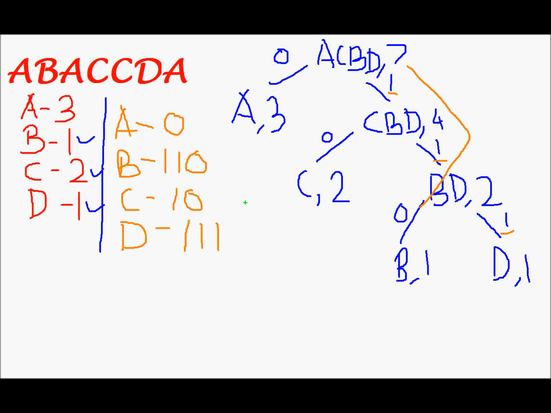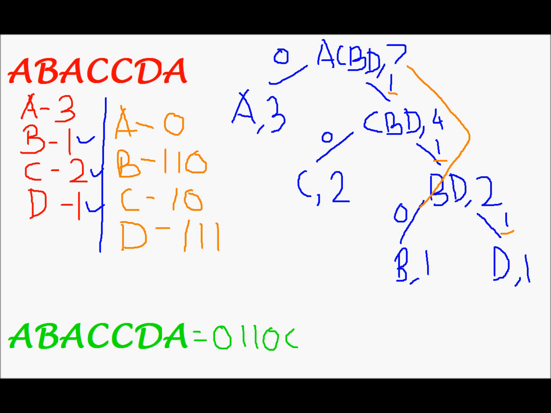So we'll combine all of that and write the code for the message. The message is ABACCDA. First is A and that is 0. Next is B and that is 110. Next is A, that is 0. Then we have C and that is 10.